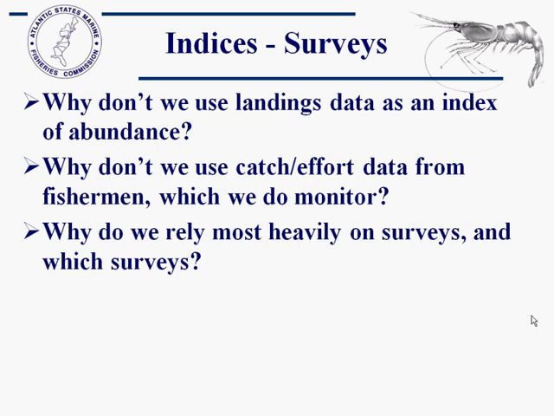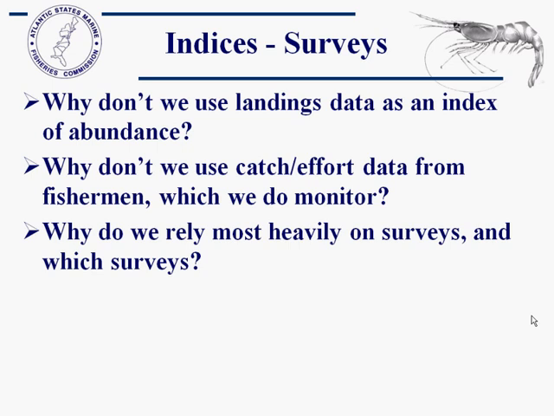Conversely, if a lot of people decide to fish because the market's really strong and your landings are really high, it doesn't necessarily mean that you had a lot of fish. It means you had a lot of fishing effort. So landings are not necessarily a good indicator of the health of your stock.